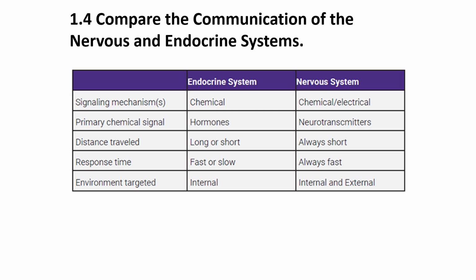Now, what I will say is that the endocrine system is typically going to respond to internal stimuli, internal chemical changes that occur within the body, whereas the nervous system has sensory receptors that can process stimuli in the internal and external environment. The last thing I'll note is that endocrine signaling is typically less specific than neural signaling.